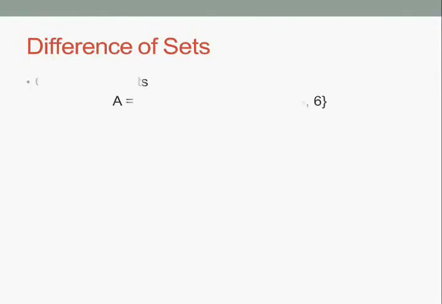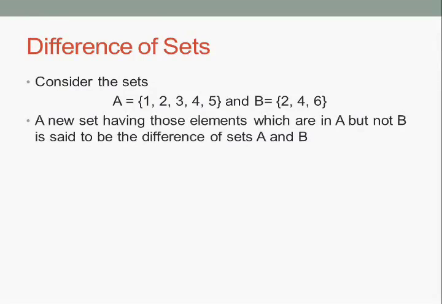Difference of sets. Consider the sets A equals {1, 2, 3, 4, 5} and B equals {2, 4, 6}.